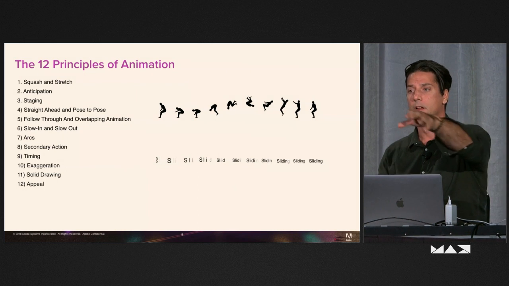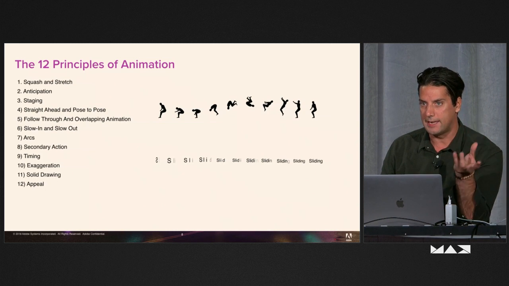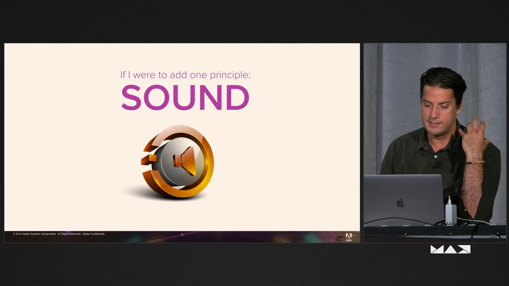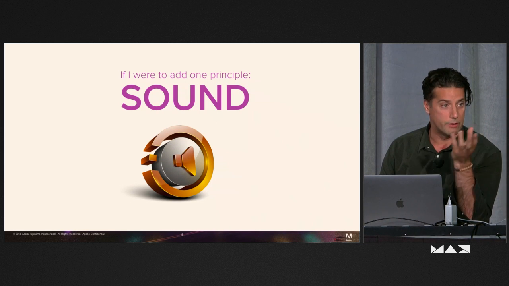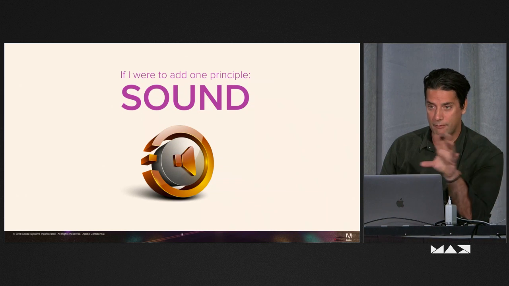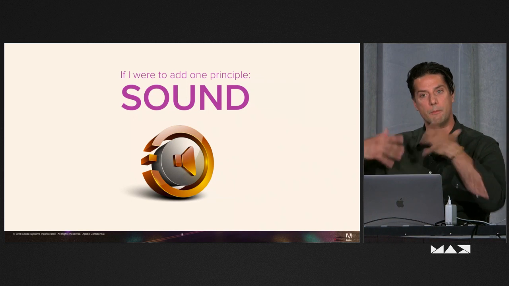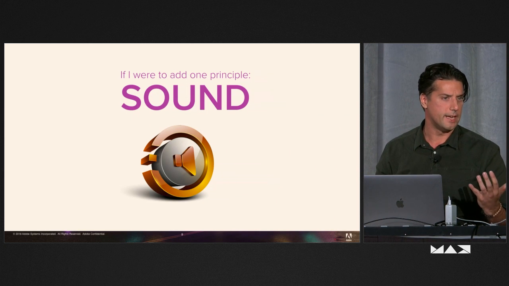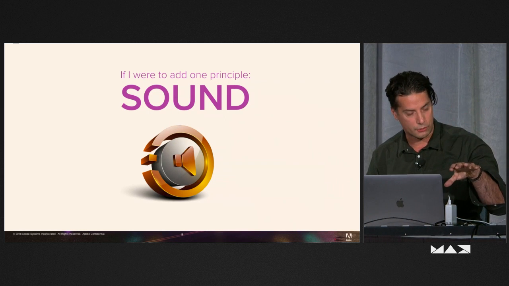And I want to add one additional principle which I think speaks for both text and logos, and that is sound. Sound in terms of adding a sound effect to your text as it moves, to almost every item that would move on screen, would really help sell the movement. And through sound, in some cases, you can even get away with linear movement, such as if it was a slam on screen.